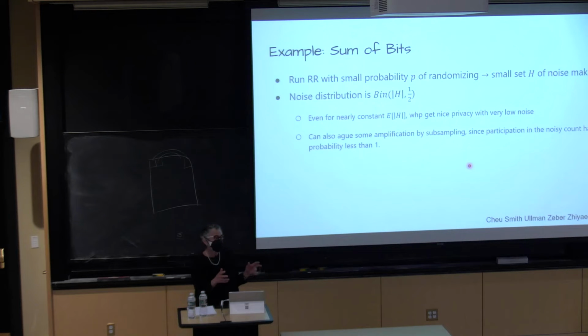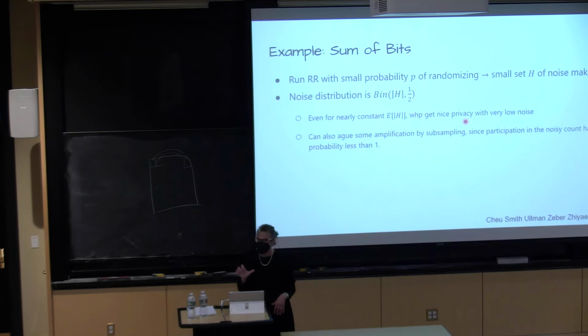So we're not applying privacy of the subsample. Here, in this construction, you actually can get a little bit of privacy of the subsample too, or amplification by subsampling, because the case where you actually give your real data rather than being a randomizer happens with probability less than 1. So you can even leverage a little bit of extra privacy from that.